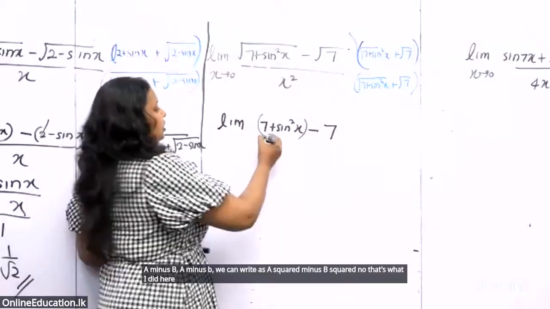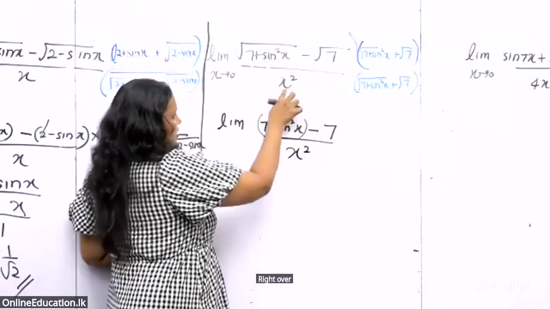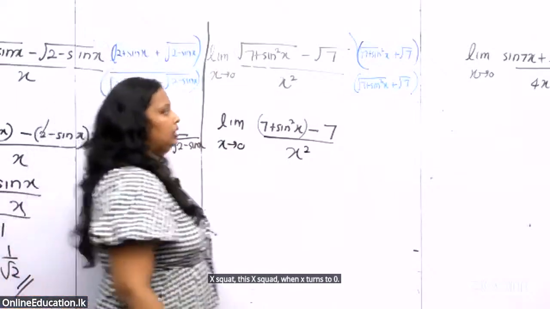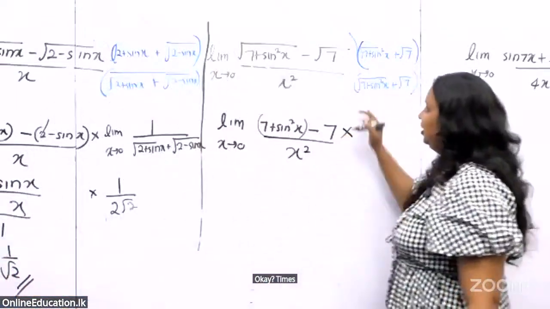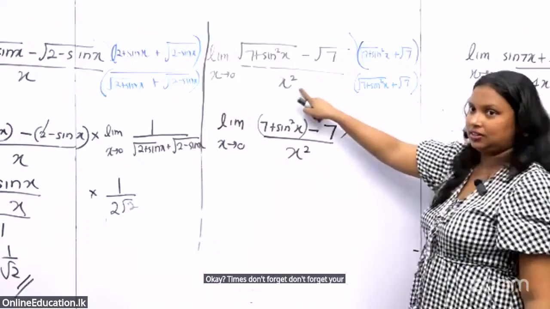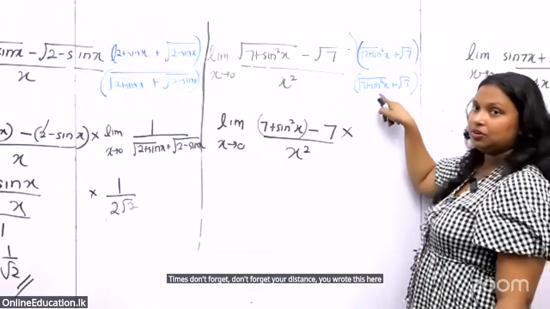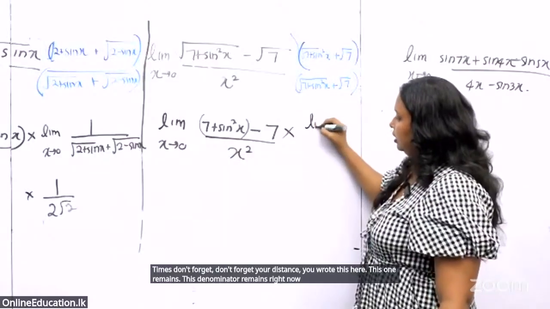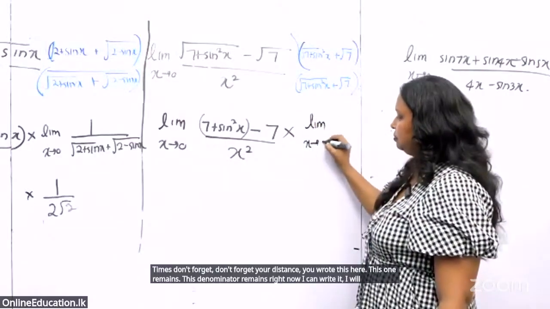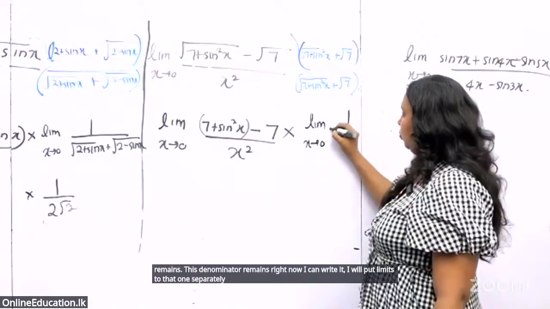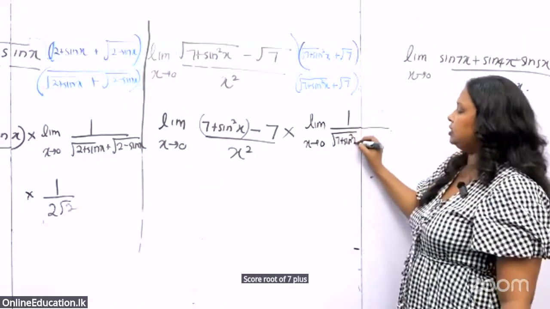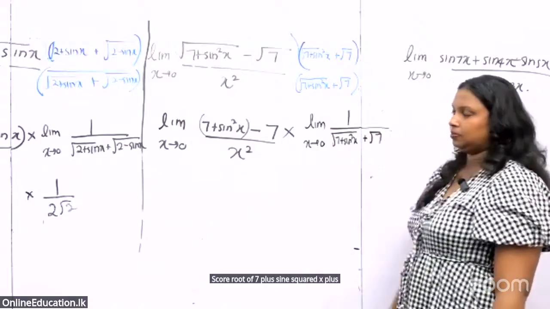Over x squared, when x tends to 0, times, don't forget, this denominator remains. Now I will put limits to that one separately. Limits of 1 over square root of 7 plus sine squared x plus root 7.